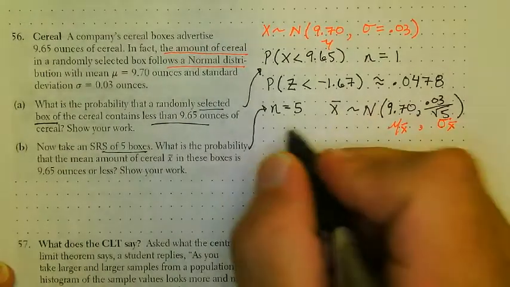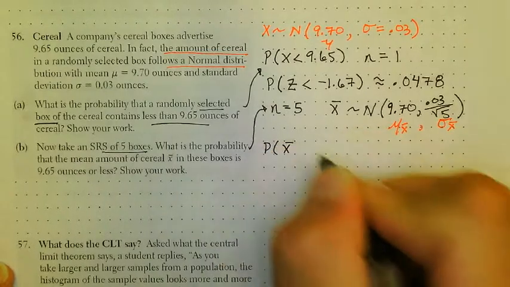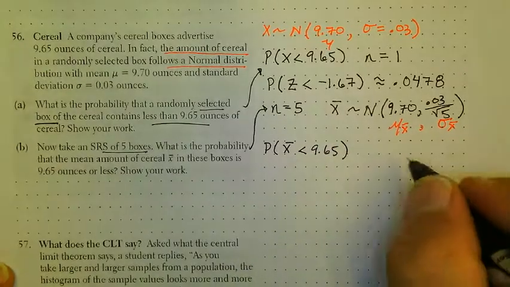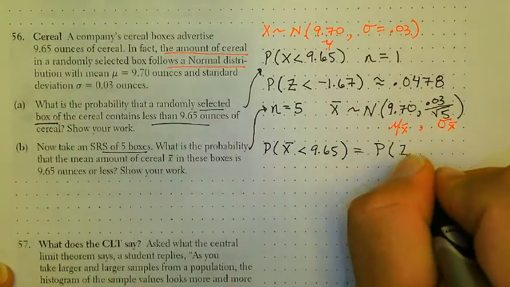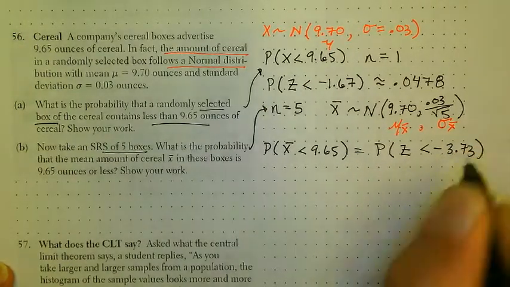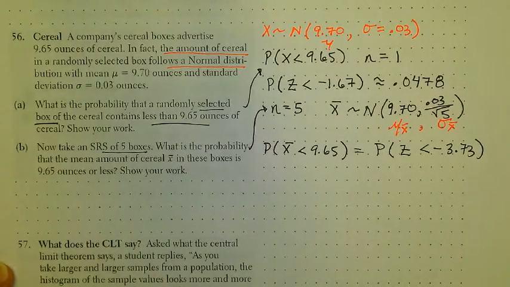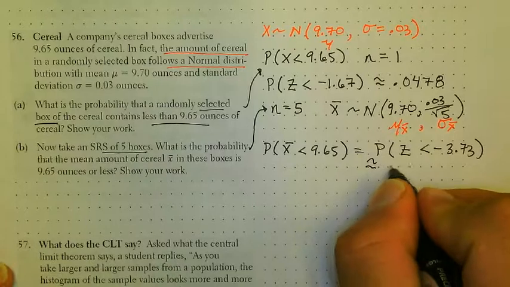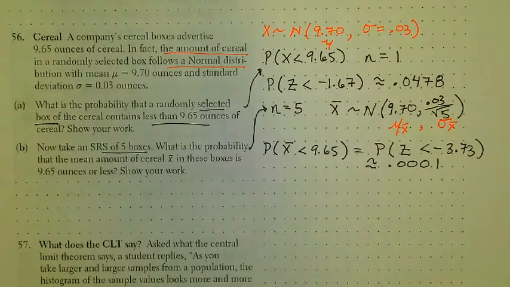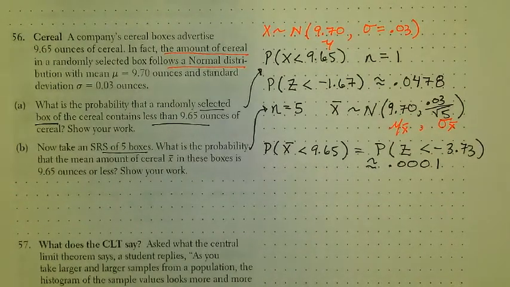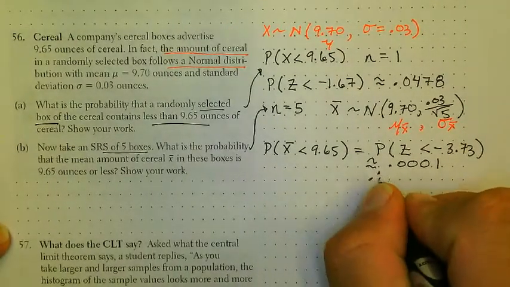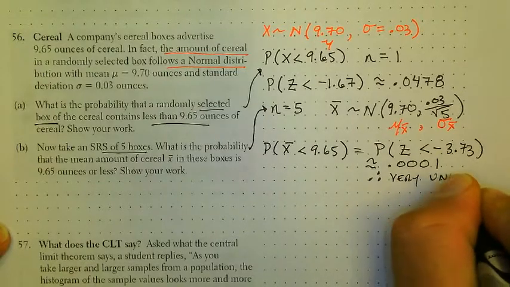So we want to find the probability that x bar is less than 9.65, which is the probability that Z is less than negative 3.73. And if we do that on our calculator, we have 0.0001 approximately. So once again, very unlikely.